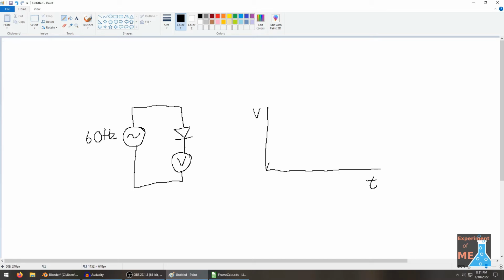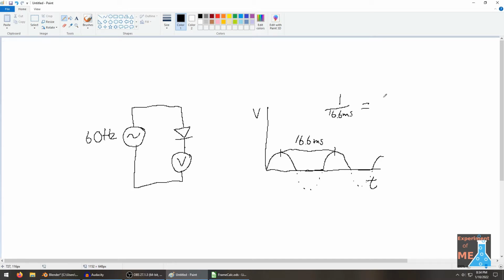And so you would have this half sine wave, and the frequency of that would be 60 Hertz. And the frequency you can tell by measuring between the two peaks, and it would be 16.6 milliseconds. And if you divide 1 by 16.6 milliseconds, you get 60 Hertz.